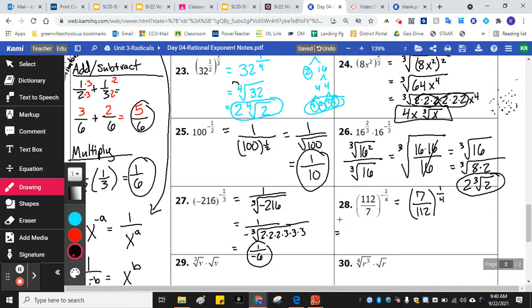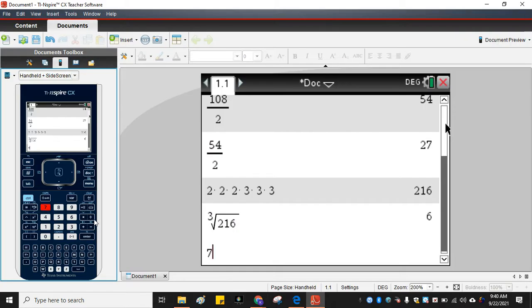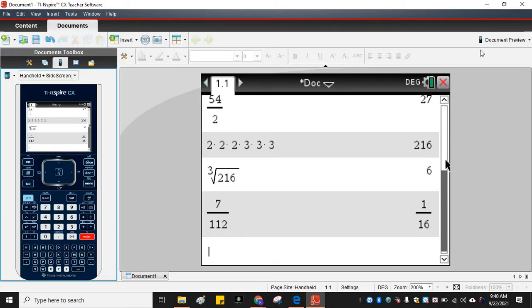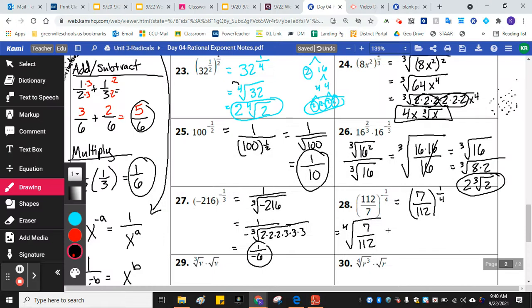Okay. So this is the 4th root of 7 over 112. Now we simplify. 7 over 112, let's see if that simplifies. I don't think it does. Oh, it does. 1 over 16. So the 4th root of 1 over 16. And then you take the 4th root of the top and the 4th root of the bottom.